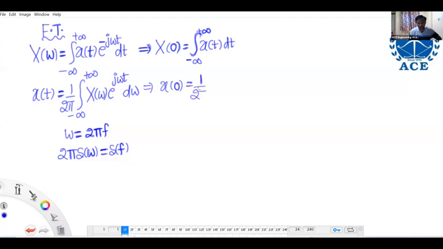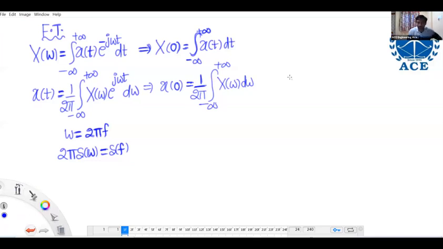It becomes area under the spectrum. Small x of 0 means area under the spectrum. Area under one domain corresponds to observing the other domain at origin. That is what we discussed.